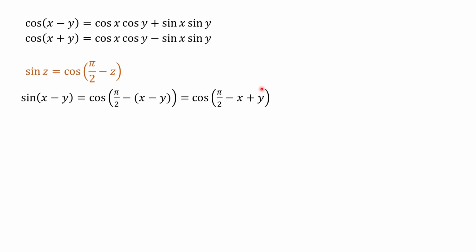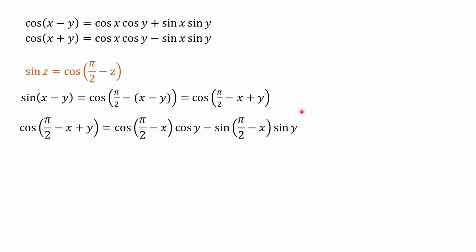And in this case, I can use this formula for cosine of the sum of 2 angles. Okay? If I do this, I'm going to get something like this.